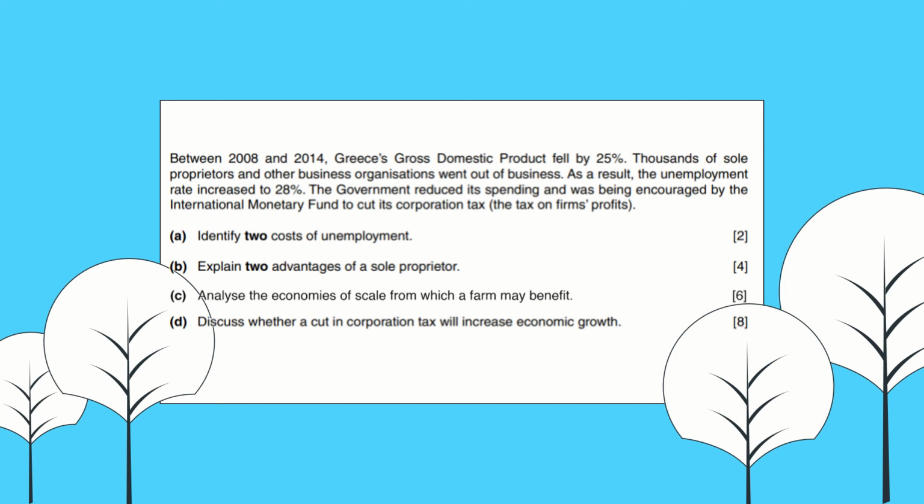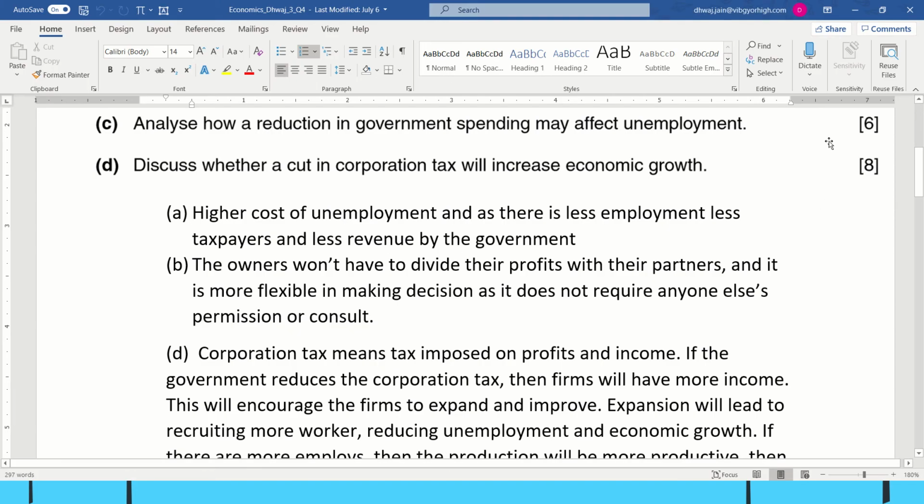So identify two costs of unemployment. They can ask this also. They can ask you to point out two things, or they can ask you to point out one thing with an explanation. All right. So let's see how the answer is written. Okay.